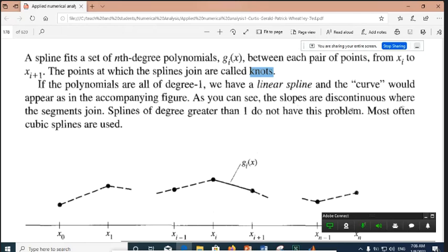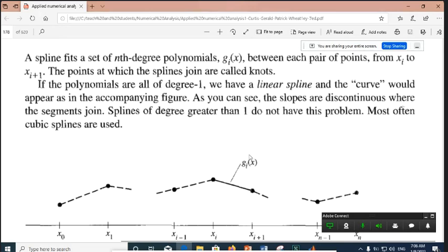As you can see, the slopes are discontinuous where the segments join at the dots. The function is not differentiable. We have a different slope at this point: before this point, we have a positive slope, and after this point, we have a negative slope, and this is not a good sign. Splines of degree greater than 1 do not have this problem.